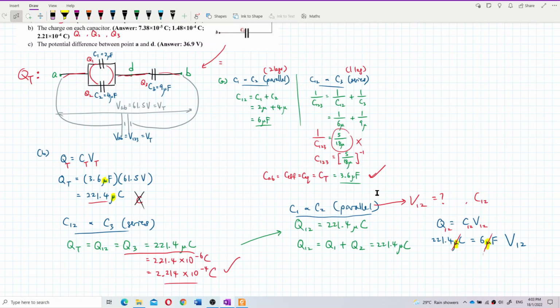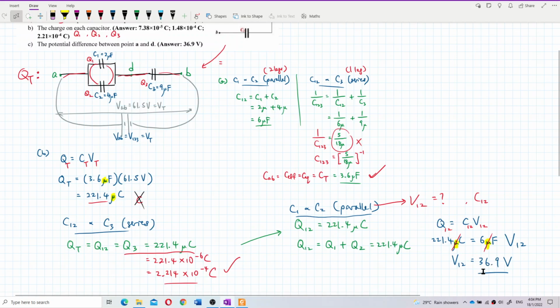I got the answer. Yes, I got the V12 as 36.9 volt. So I divide this one by 6, I got 36.9 volt.